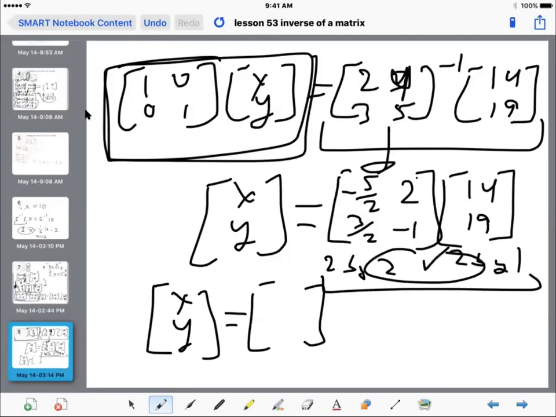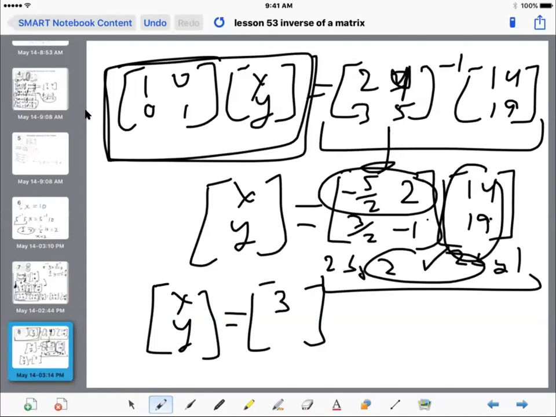And if we actually do it out, first row, first column, negative 5 over 2 times 14 is negative 35. I imagine the 2 canceling out with the 14 to become 7. Then 2 times 19 is 38. Negative 35 plus 38 is 3.